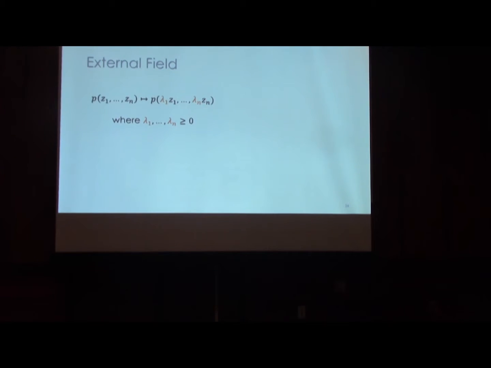There is also this operation which is often called an external field. I think that's coming from physics. So if you have lambda i's which are non-negative numbers, and you replace each z_i by lambda_i z_i, then it's still going to be real stable. This is basically the fact that the upper half plane is closed under scalar multiplication by a positive constant.